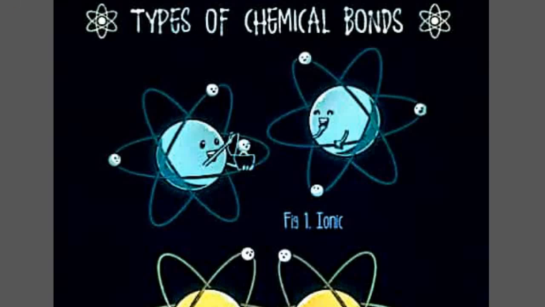There are generally two basic types of bonds which you will be required to study: the first is the ionic bond and the second is the covalent bond. The covalent bond we will be discussing in the next chapter, Carbon and its Compounds. But today we are going to discuss the ionic bond in more detail.